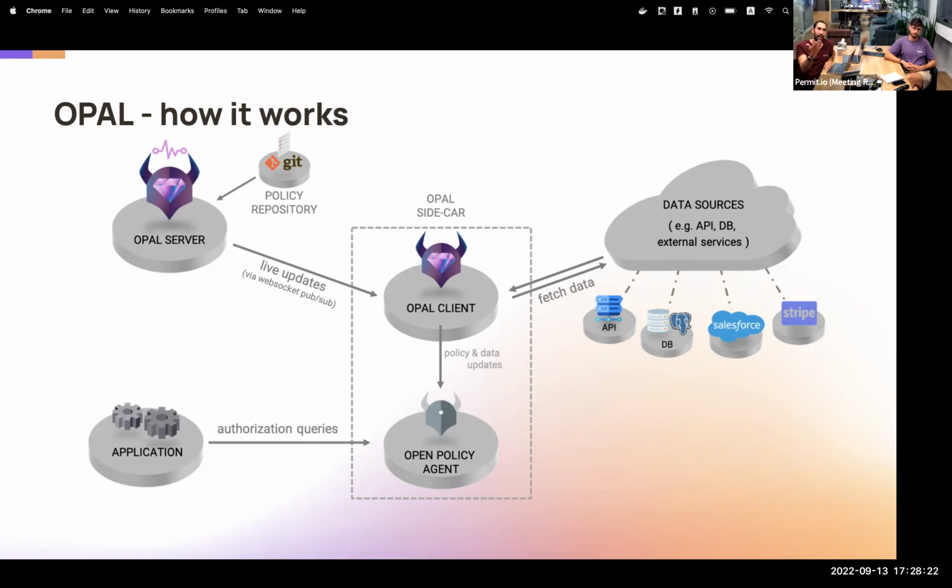So for that, we have OPAL, which is an Open Policy Administration Layer, and it is working with OPA that we just talked about before. And OPAL helps OPA to be real-time and also to have the benefits of GitOps, which is managing our policy as code, as we talked about before.